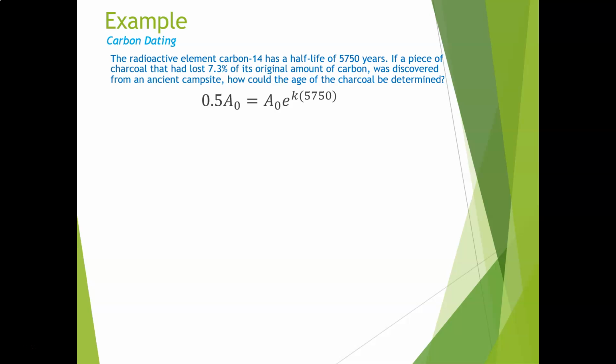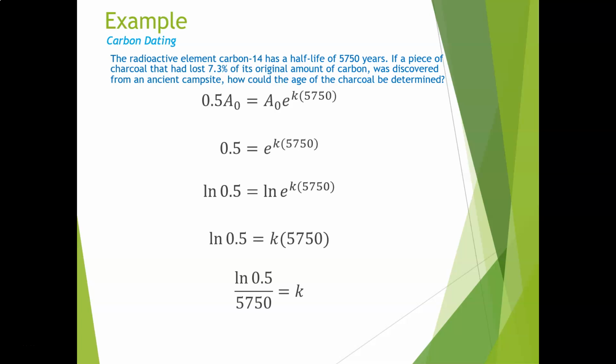So we've replaced t with 5750. The objective, of course, is to find the k for this particular rate of decay. We go ahead, we use our log laws, and we've got a nice exact value for k. As Ms. Kinnear was showing in the DO9 room, you can store that on your calculator and save it, or I'm just going to substitute it in brackets like that when I'm doing my working. Either one's fine. Efficient use of your calculator, though, dictates that you could do that.